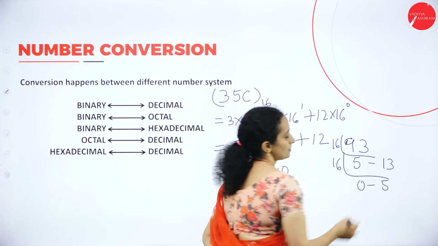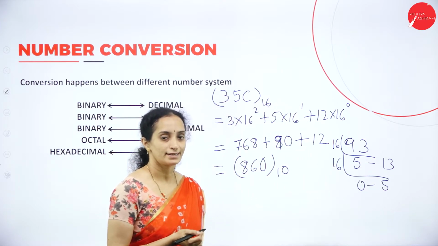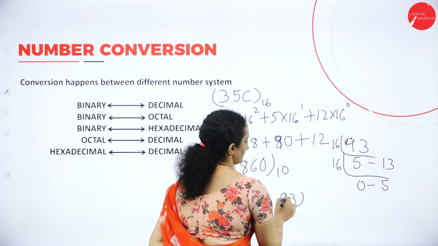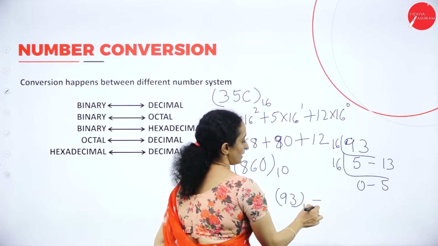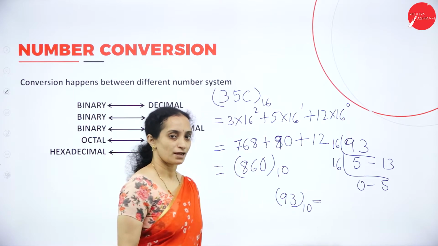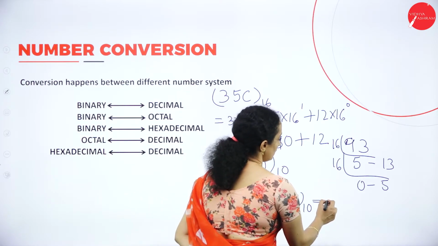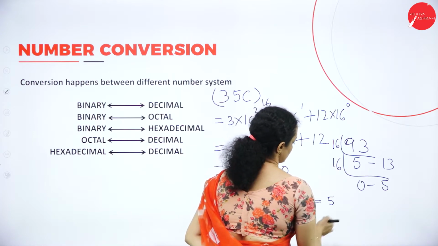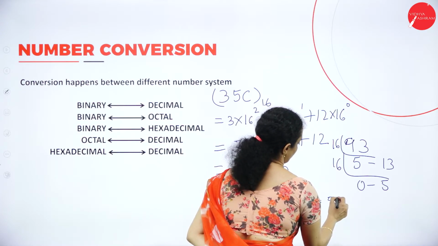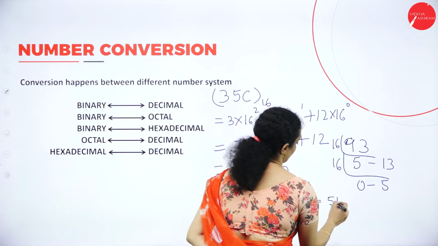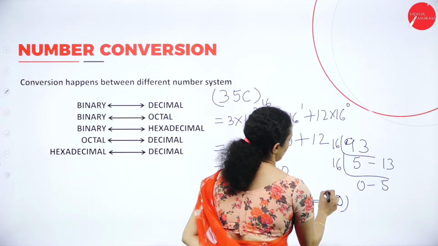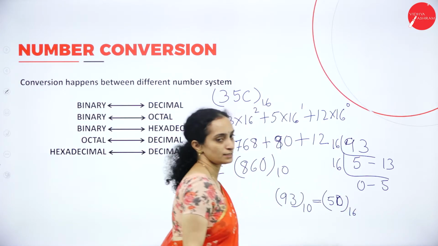So the number 93 with the base 10 can be converted to hexadecimal as 5D with base 16.